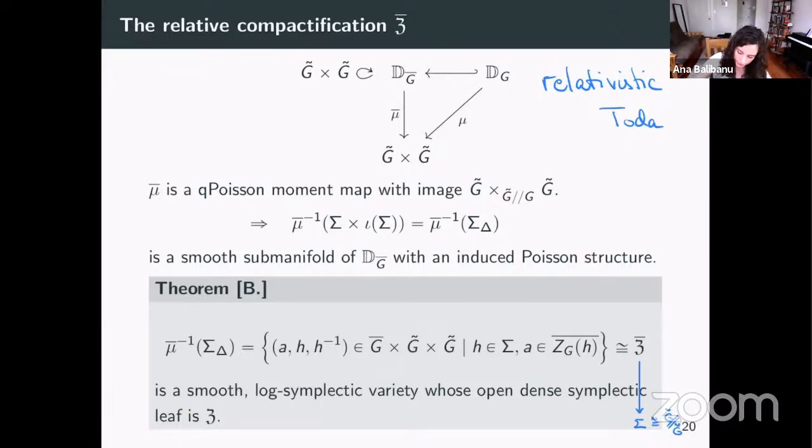Here I have functions which are invariant polynomials on G tilde. This is a polynomial algebra with rank many generators. This is the theorem. These generators give an integrable system on Z bar, in the sense that when I pull them back, they Poisson commute. And this is what people mean when they say relativistic Toda.